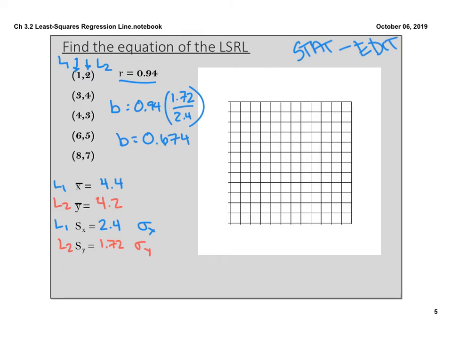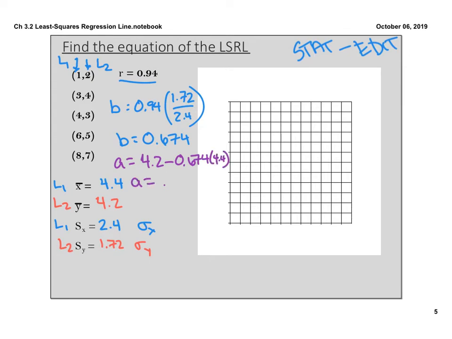The A value is going to be, that is where we take the mean of the y's, 4.2, and I subtract the slope times the mean of the x's, which is 4.4.